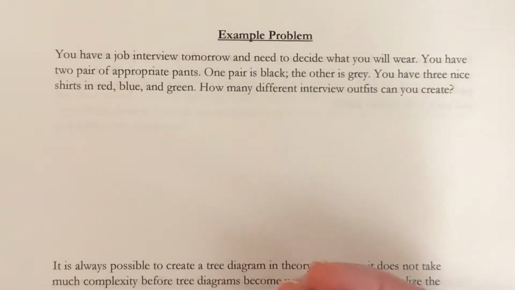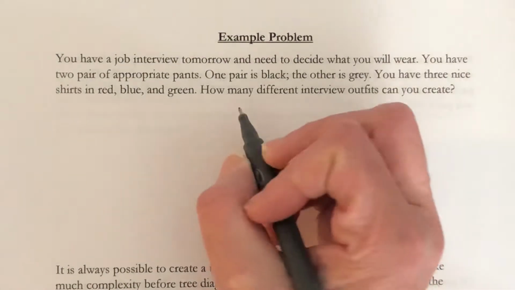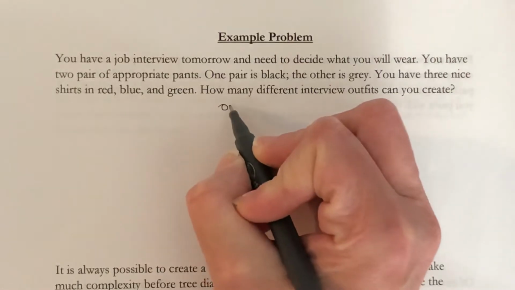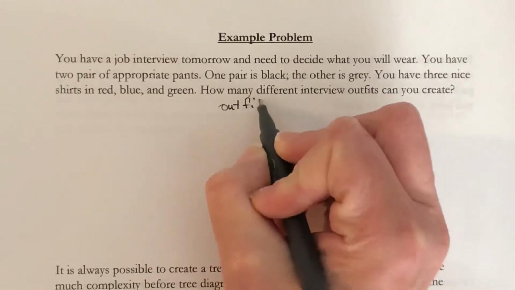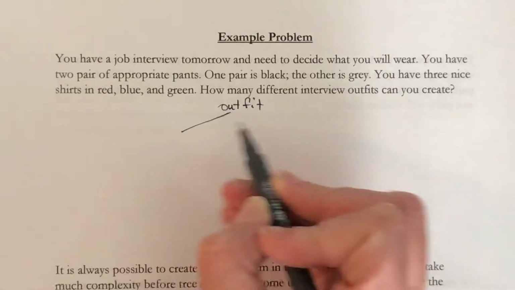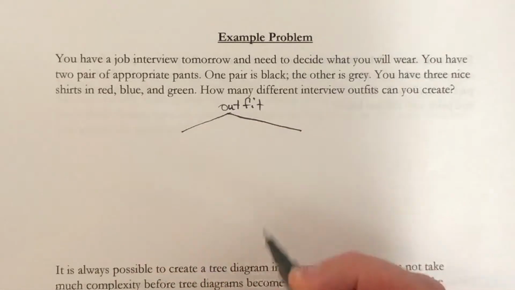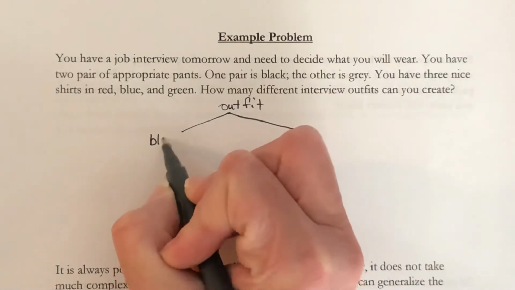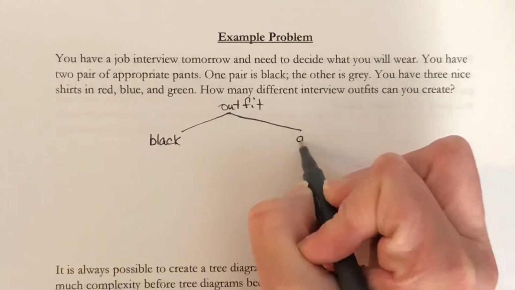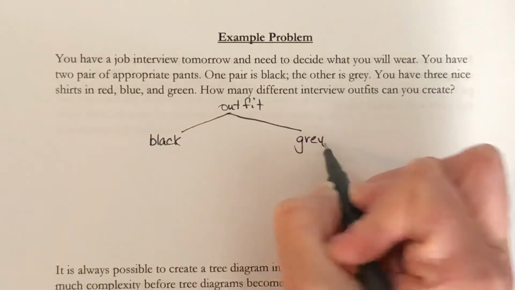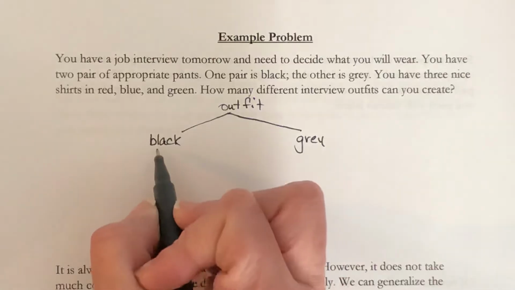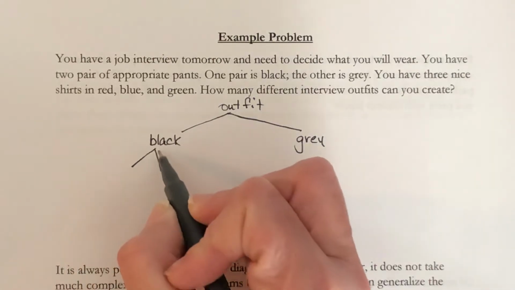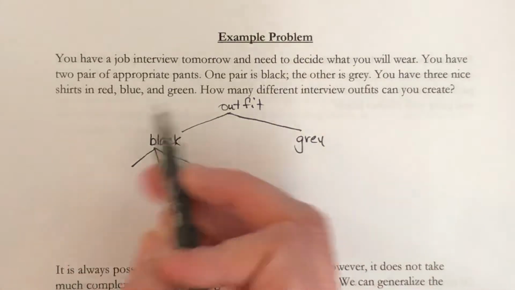Well, what you can do is something like this. You start out with the outfit. You have 2 choices for your pants. You can wear black. You can wear gray. And then from there, you have 3 tops that you can choose from.